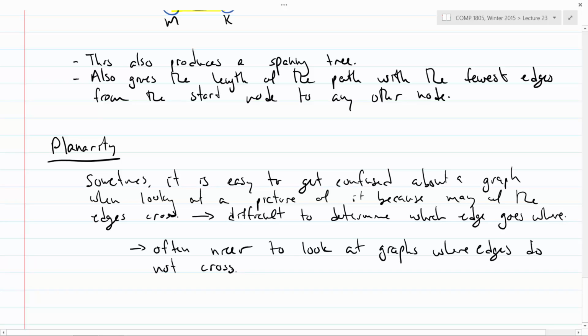There's lots of ways to draw a graph, because remember, we just care about how the vertices are connected. We don't care what the edges look like, at least not for now.